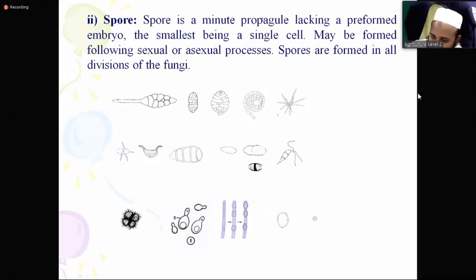Propagule is a unit which is used for propagation. So spore is a minute propagule lacking a preformed embryo. That means they have no embryo, so they are not seed or plant. Plant seed contains embryo.